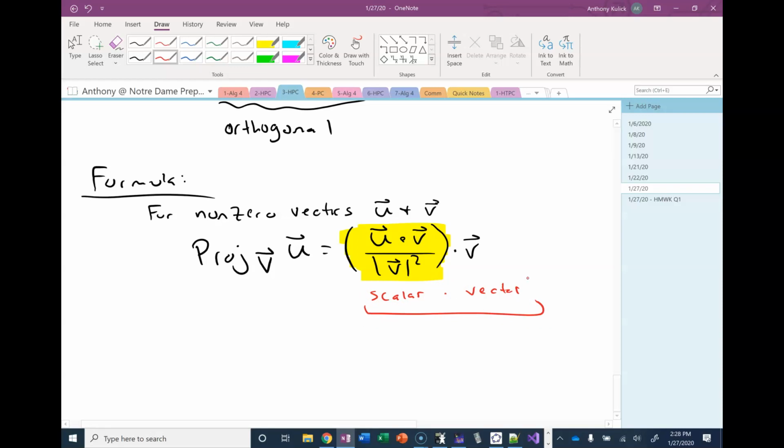What's that operation called? That's just scalar multiplication, right? So what this projection is doing is just scaling vector v so that you can make it an orthogonal component to u. That's all we're doing, just scalar multiplication on vector v. That's going to scale it, shorten it down or stretch it out, so that it can be an orthogonal component to vector u. Okay with that idea?